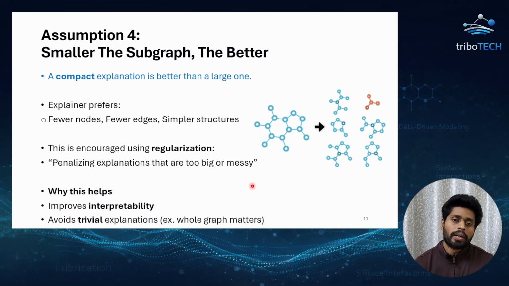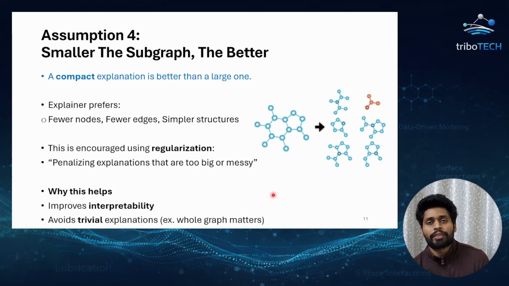Now the prediction of the GNN model can be explained by a smaller entity, which means this entity contains denser information compared to the larger subgraphs. So the smaller the subgraph, the more dense information it contributes.